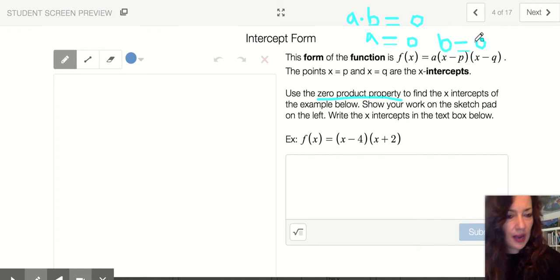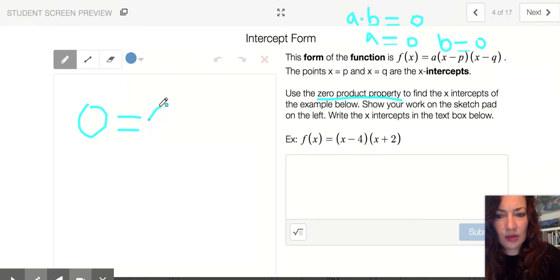We know that an x-intercept is when y is equal to 0. So we're going to write 0 equals 2 times x minus 4 times x plus 2.